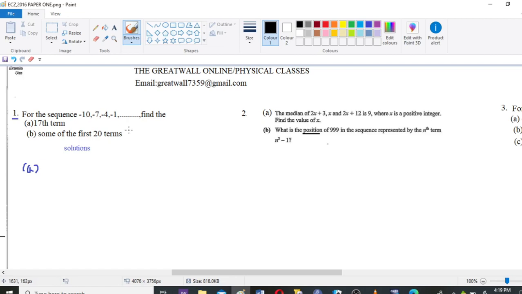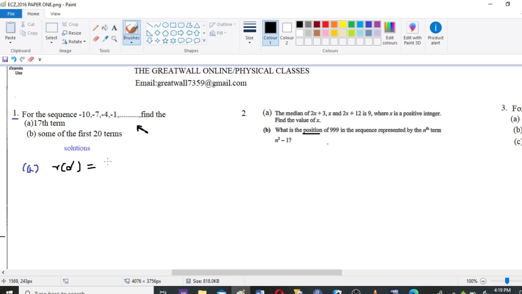What we are solving here is an arithmetic progression. How do we know that? We need to find the common difference. Others will use the symbol R for the common difference, others will use the symbol D. That is under arithmetic progression, which is also referred to as AP.